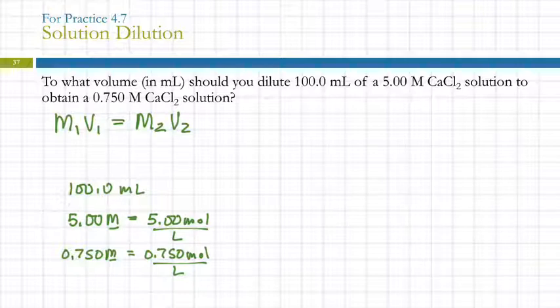I can tell from the units which of these are volumes and which are molarities. These two on the bottom, that's a molarity, a concentration, and that's a molarity, moles per liter. This one, milliliters, is a volume, so I'm going to call that one V.